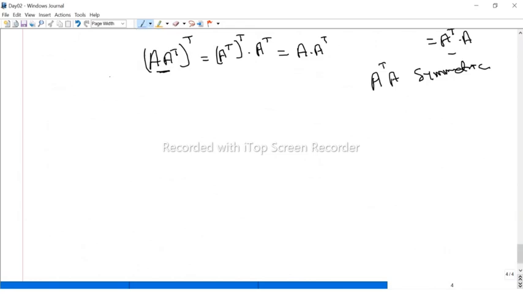So we state this as a theorem. If you take any linear equation, maybe it is homogeneous or non-homogeneous, that does not matter.